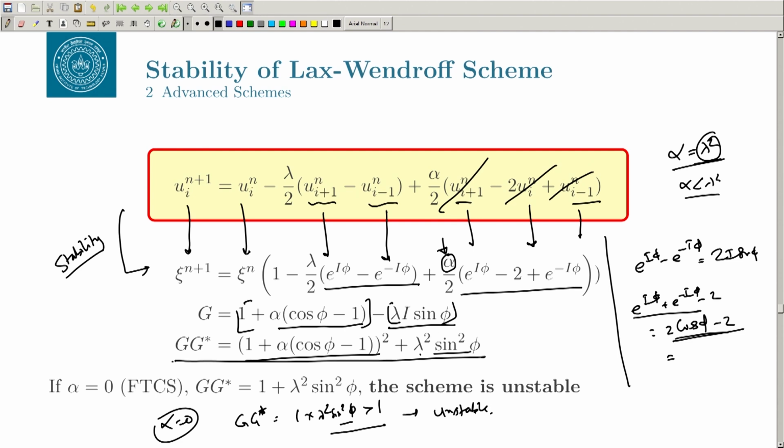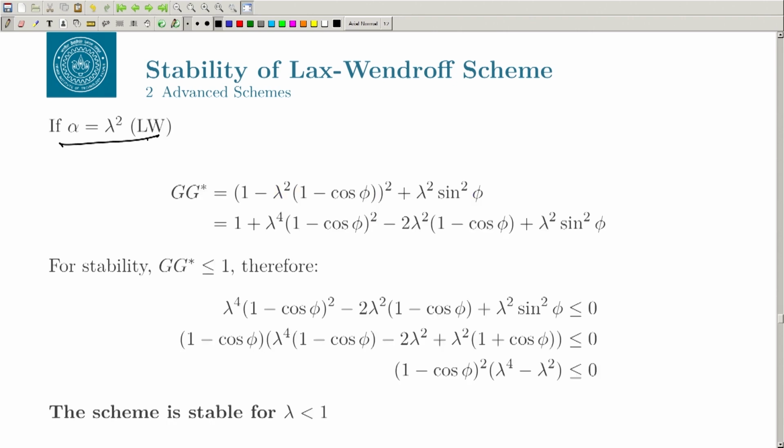Now, let us analyze when alpha equals lambda square, that is your Lax-Wendroff scheme. You can put the value here, and then simplify it, and we say that g g star needs to be less than 1 for stability.